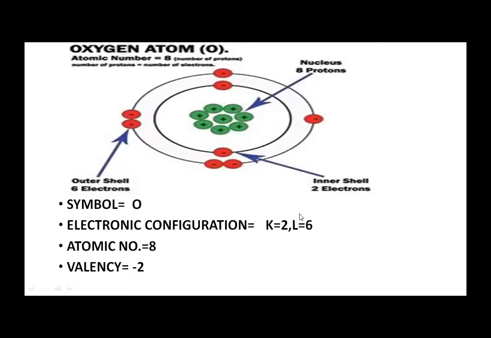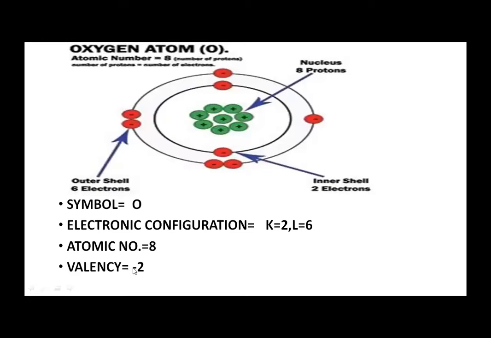So, according to the octet rule, it is unstable. So oxygen completes its octet by accepting 2 electrons: 6 and 2, 8. So oxygen accepts 2 electrons and has a negative charge.